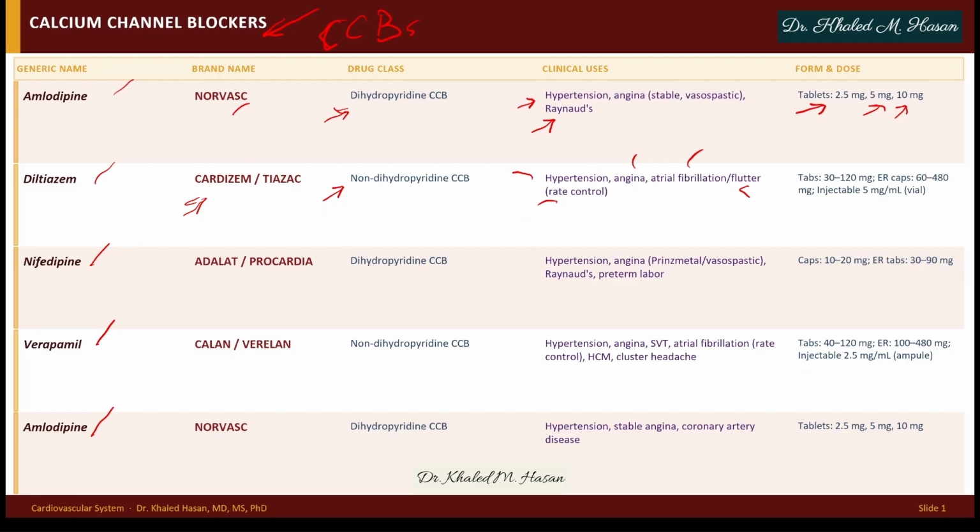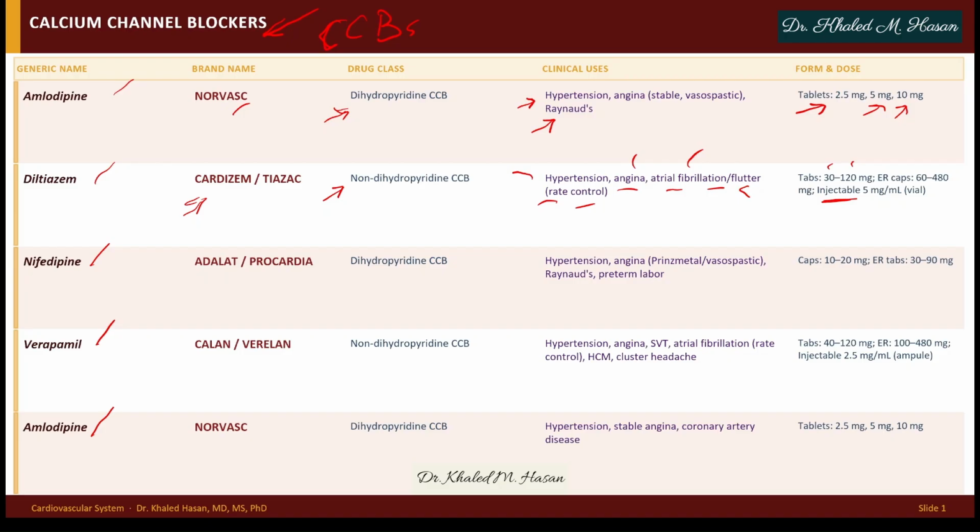So diltiazem mainly works on the heart, and is considered an intermediate action between the heart and blood vessels. Diltiazem is available as tablet, 30 milligram up to 120, that means we have 30, we have 60, and so on. It is also available as an extended release capsule, and as an injectable for use in the emergency clinic and cardiology lab.